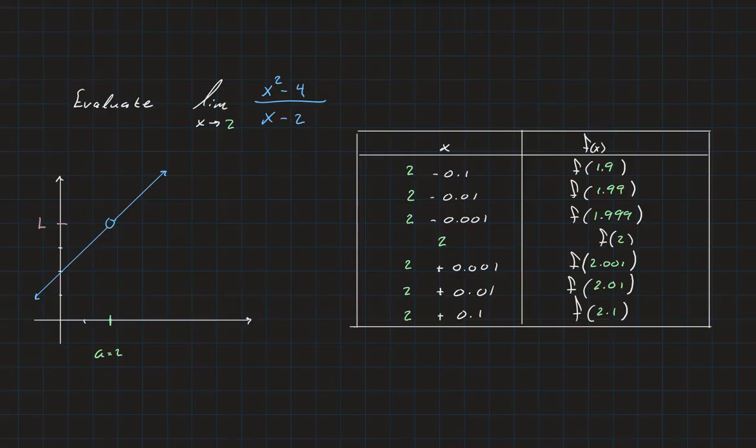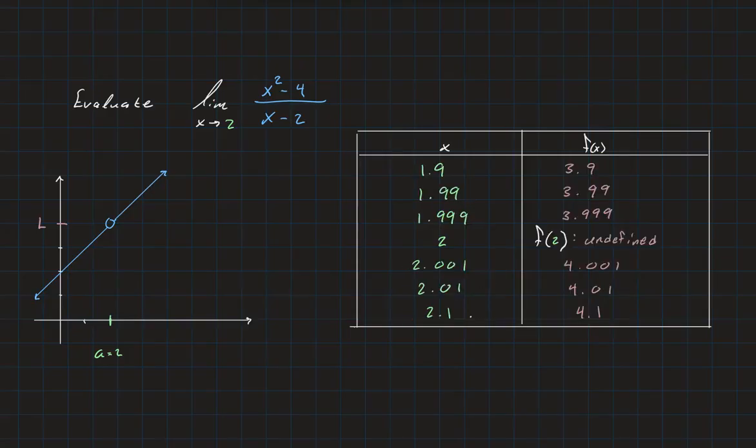And once I find all these values, notice that I need to evaluate my function at those values. So I'll go ahead and replace everything in the table so we can see what's actually happening. Once again, these values represent approaching 2 from the left.